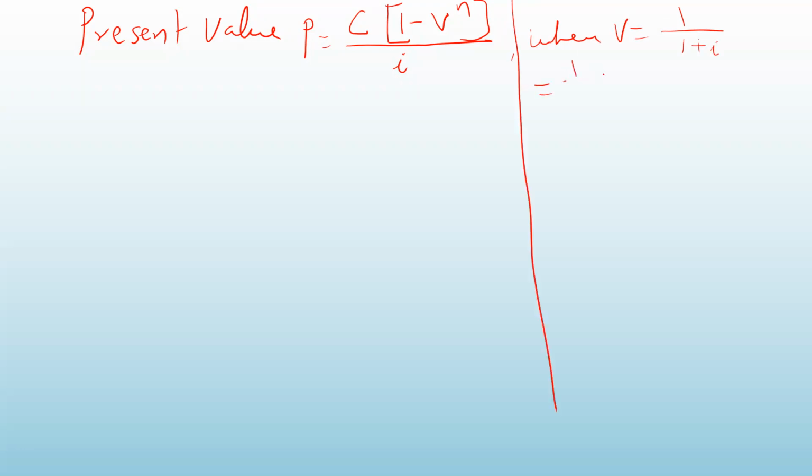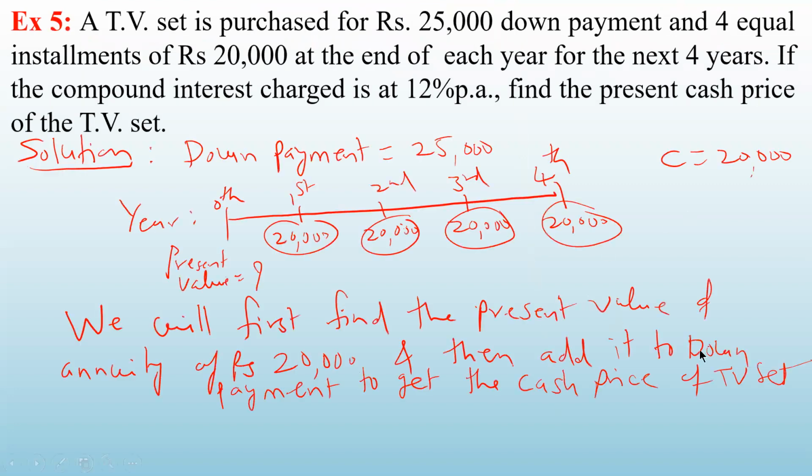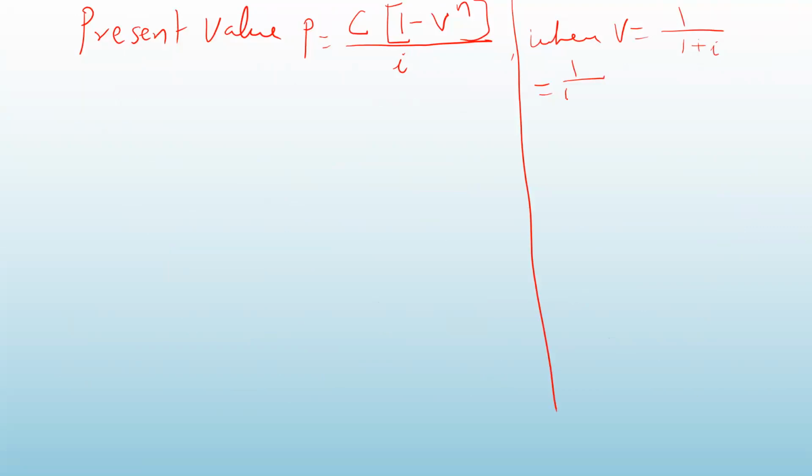P is equal to C into 1 minus V to the power n divided by I, where V is 1 divided by 1 plus I. Here R is 12%, so I is R upon 100, that is 0.12. So 1 plus I is 1.12, and V is 1 divided by 1.12.